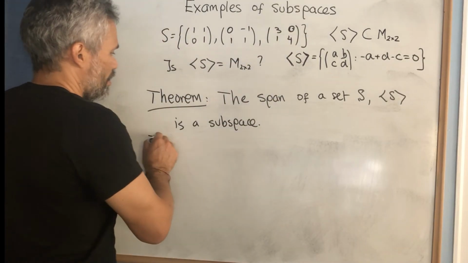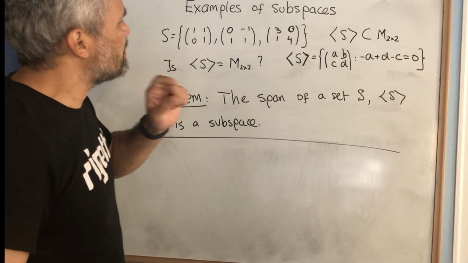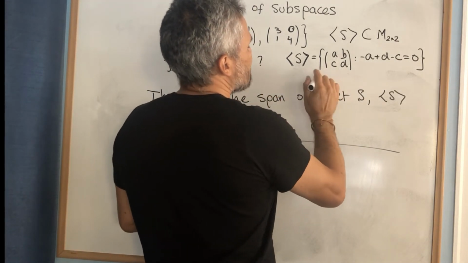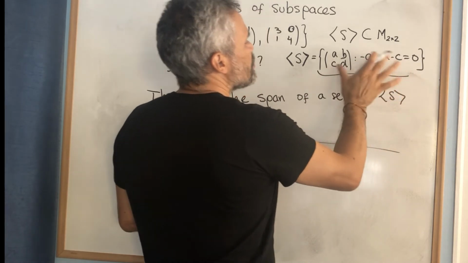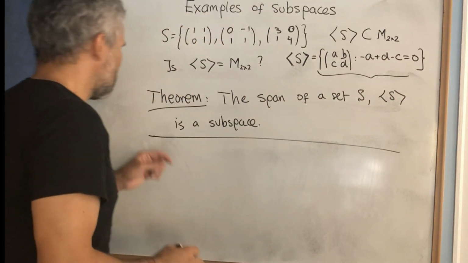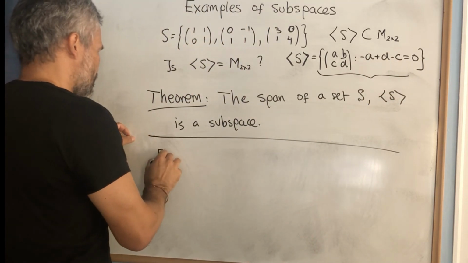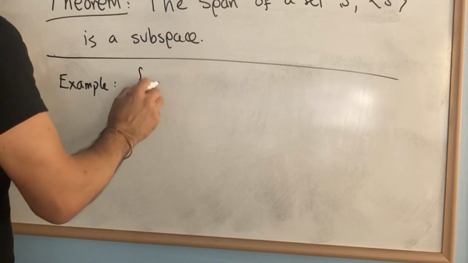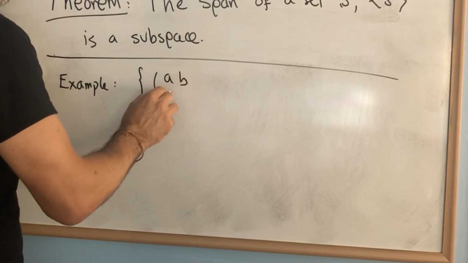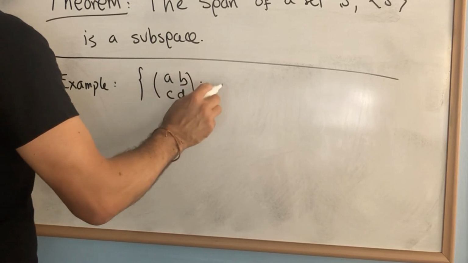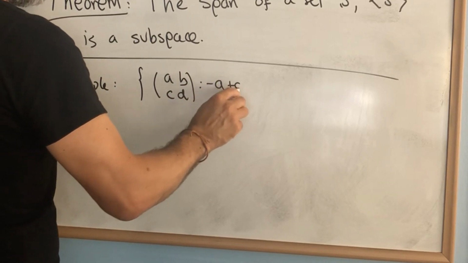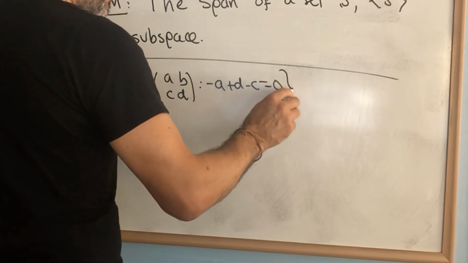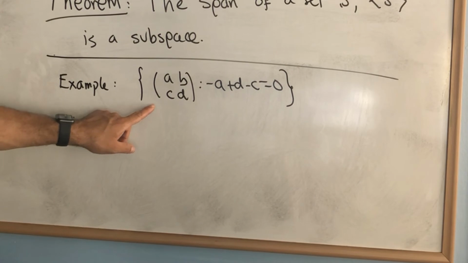We're claiming that these two sets are the same. How do we show that this is a subspace? Let's just do an example. Let's suppose that we have the matrices A, B, C, D, such that negative A plus D minus C is equal to 0. How do we prove that this is a subspace?